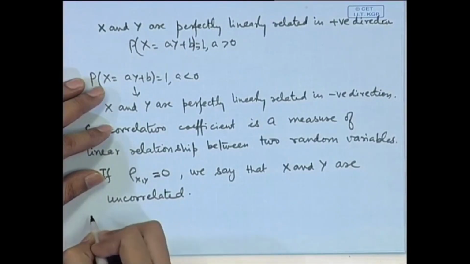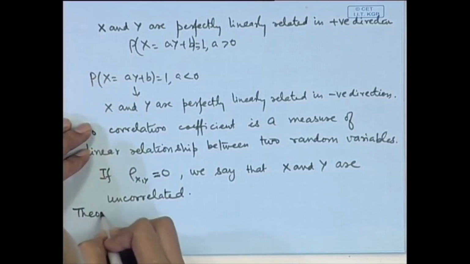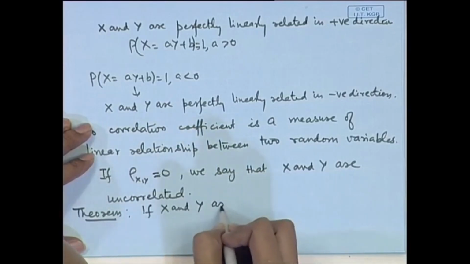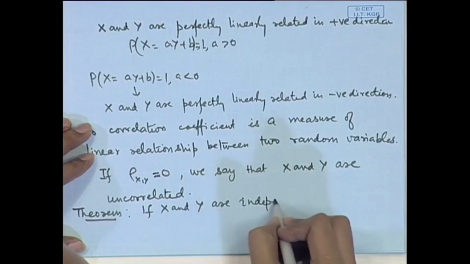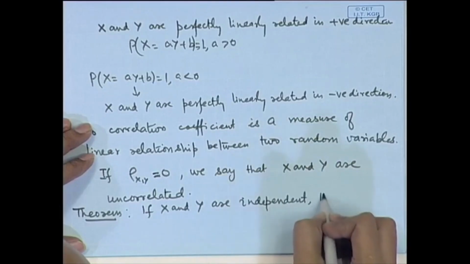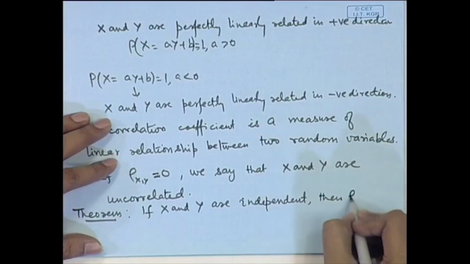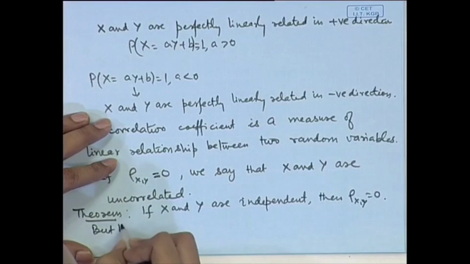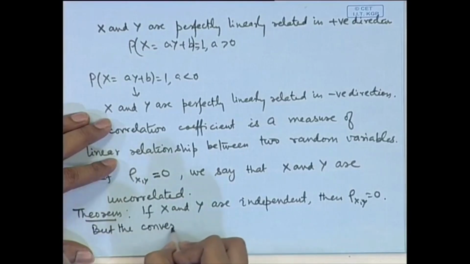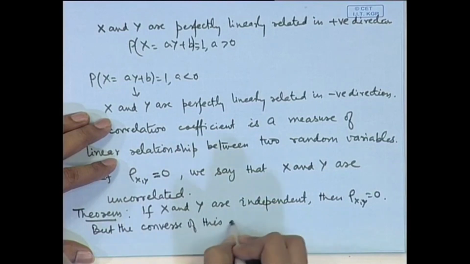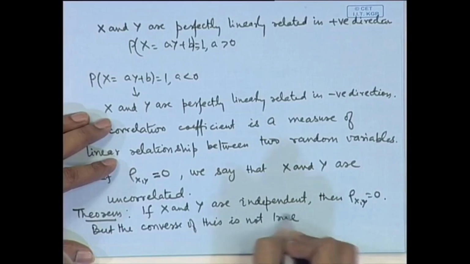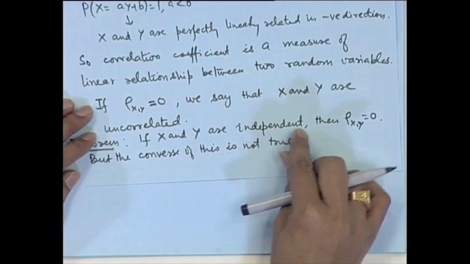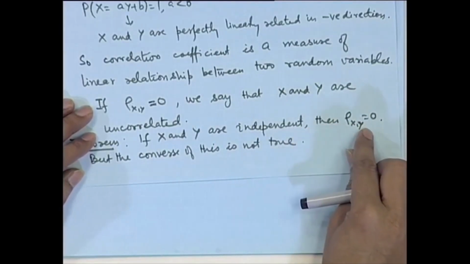So, we have the following result: if x and y are independent, then rho x y is 0, but the converse of this is not true. The proof is obvious: if x and y are independent, then the covariance term is 0 and therefore the correlation term is 0.